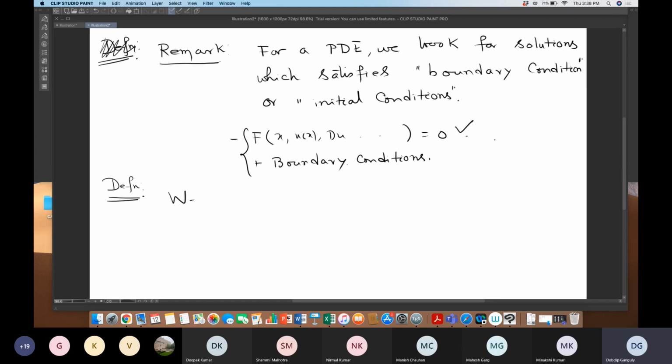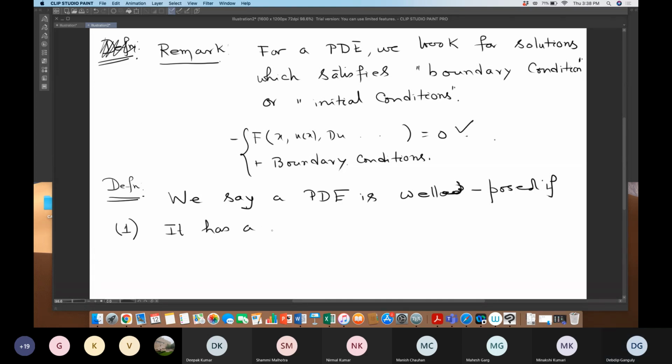Now a new definition. This is very important. We say a PDE is well posed if, one, it has a solution. You understand the meaning of that? It has a solution.